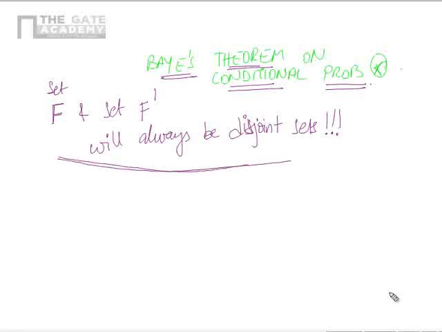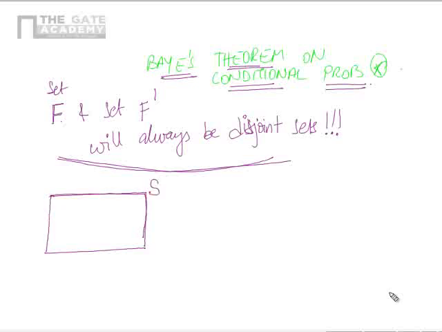This is the entire basis for the Bayes theorem. This is the starting point of Bayes theorem. If I have a set F, then set F and set F complement will always be disjoint sets. Now let me see how I can write this. You will see it to be a very interesting thing.